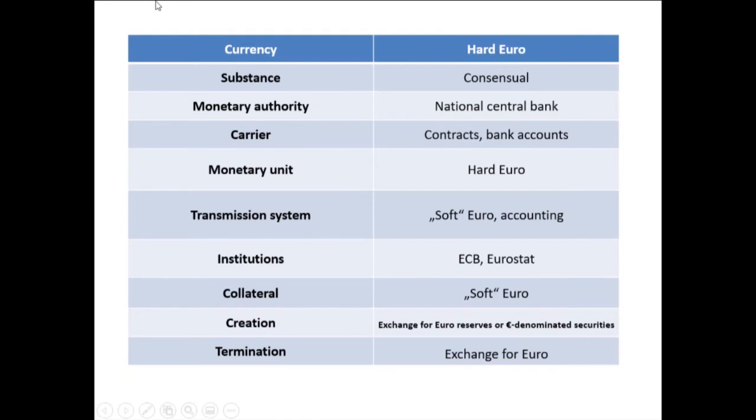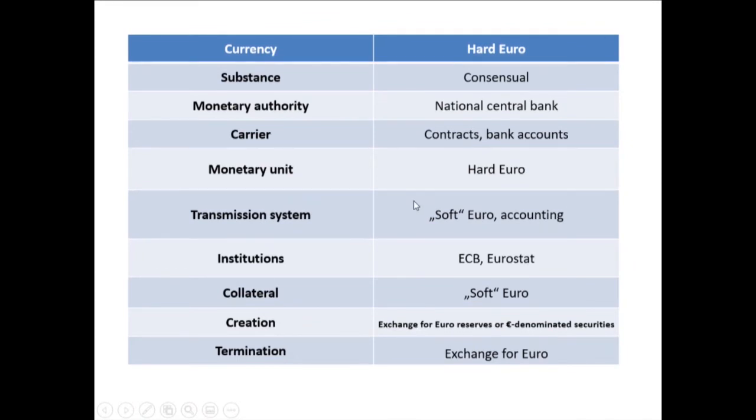So a national central bank could create hard euro. Carrier would be contracts and bank accounts. Monetary unit is the hard euro, and the transmission system is through the soft euro or through accounting.